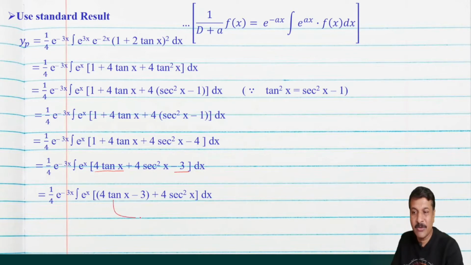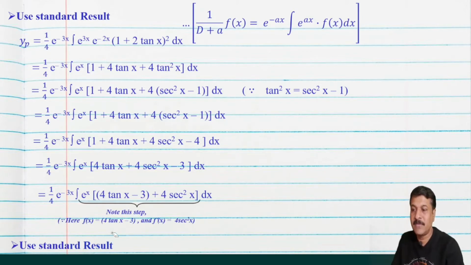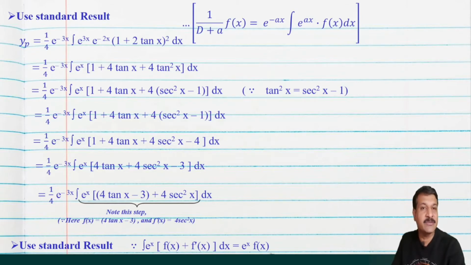What is the derivative of this one? It is present there. So I have f(x) and f'(x) present, and using the result that I already said, e^x [f(x) + f'(x)] is equal to e^x f(x).